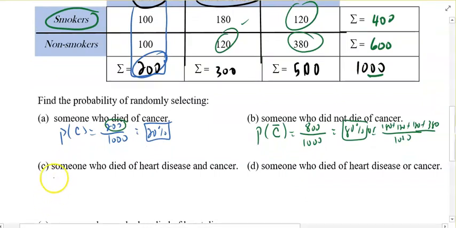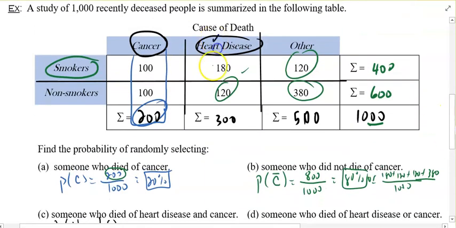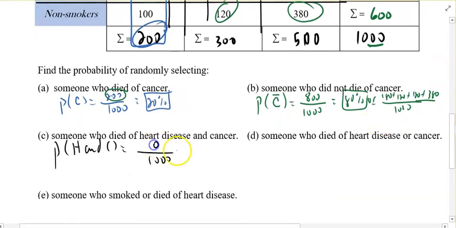What is the probability of someone who died of heart disease and cancer out of the 1,000? Heart disease and cancer. Heart disease is right there. Cancer is right there. There's no overlap. According to the study, none.